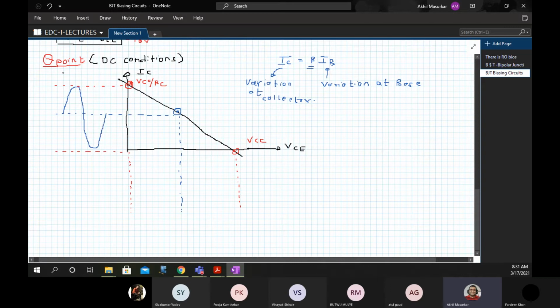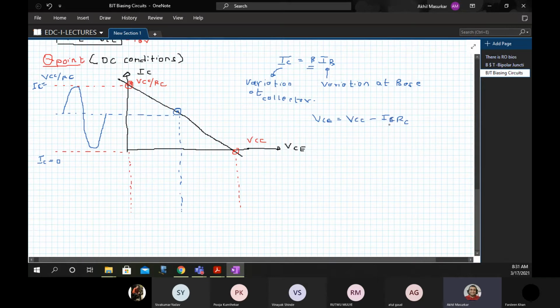The maximum value of this would be VCC upon RC. So IC can be equal to VCC upon RC, and the minimum value, let's say IC is 0. If the collector current increases, the VCE is going to fall, simply because VCE is equal to VCC minus ICRC.